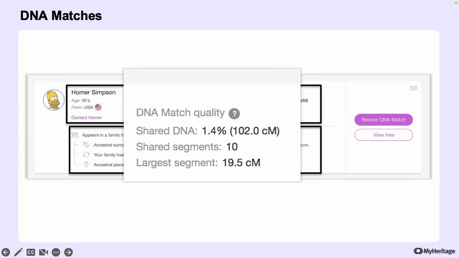I can also see how many shared segments we have, and the largest segments that we share. All of these are important data points to help me understand my information. But it's still just data. We're trying to understand how to move from just data to insightful conclusions about this person.